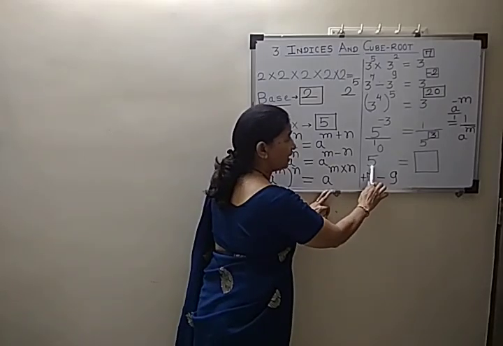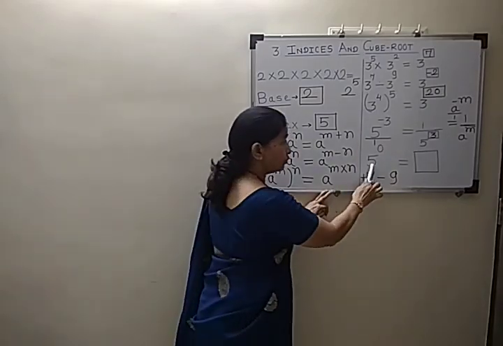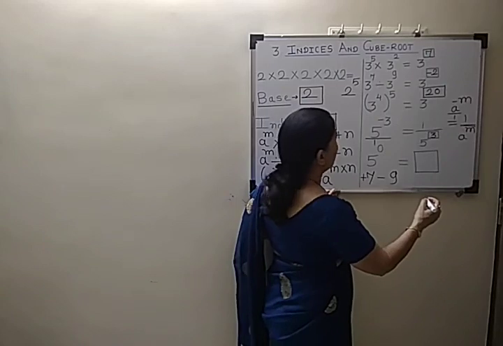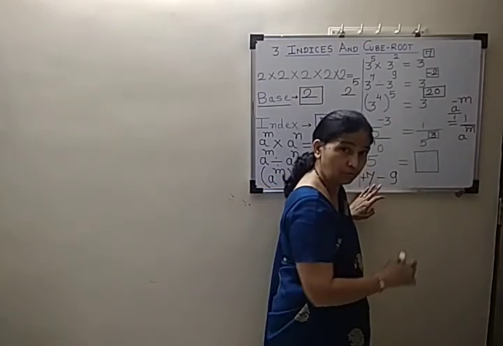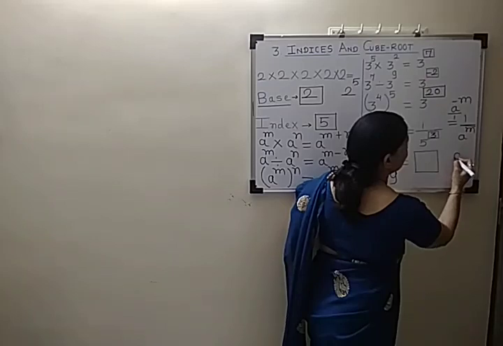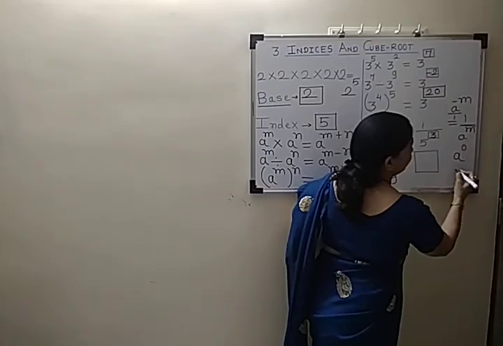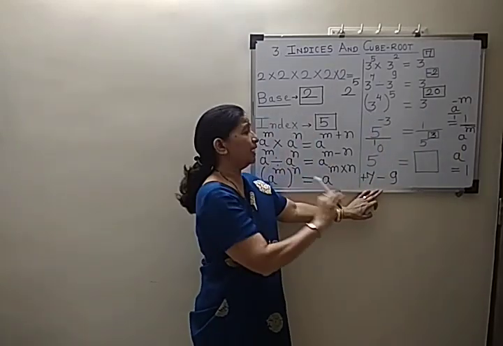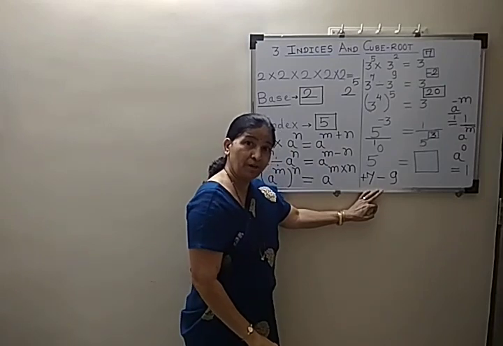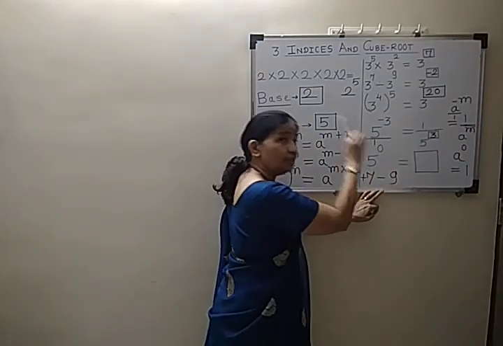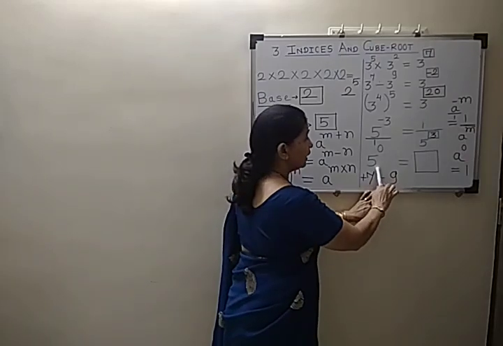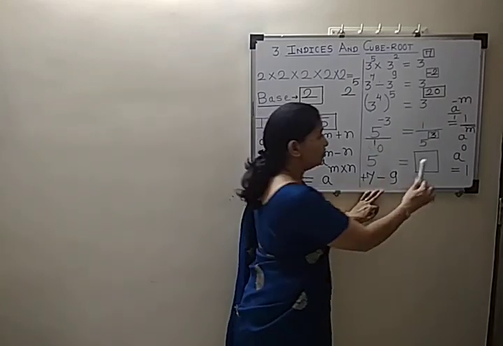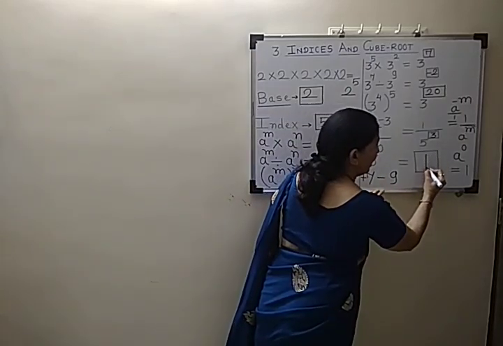And the last one is 5 raised to 0. So here I will remember the next rule, that a raised to 0 is equal to 1. Means any number, you can take any number, if its index is 0, then its whole answer always comes as 1.